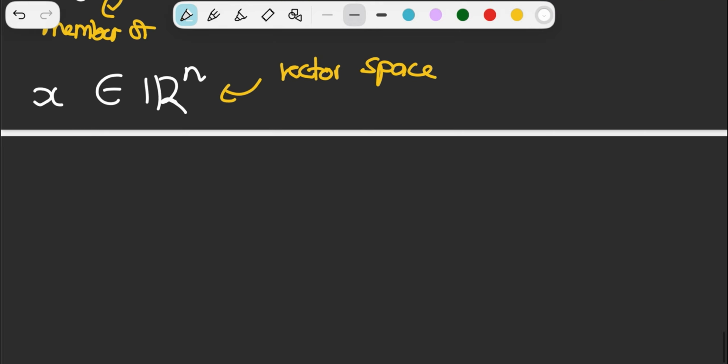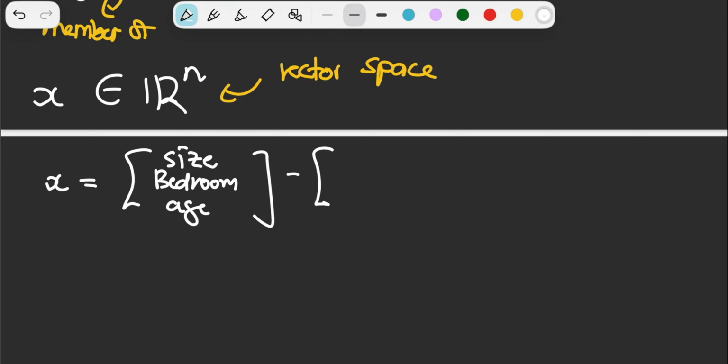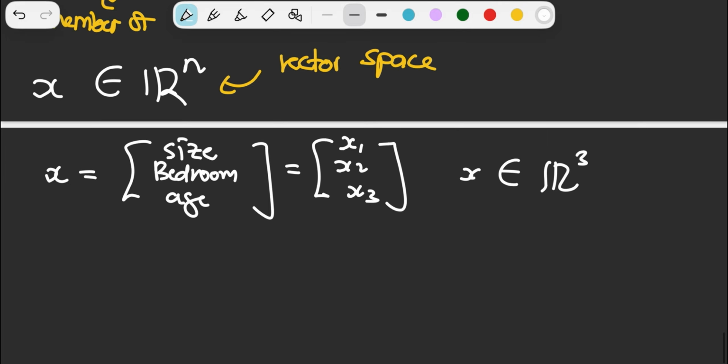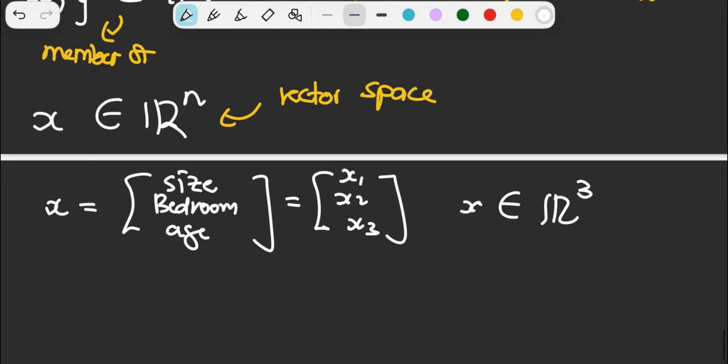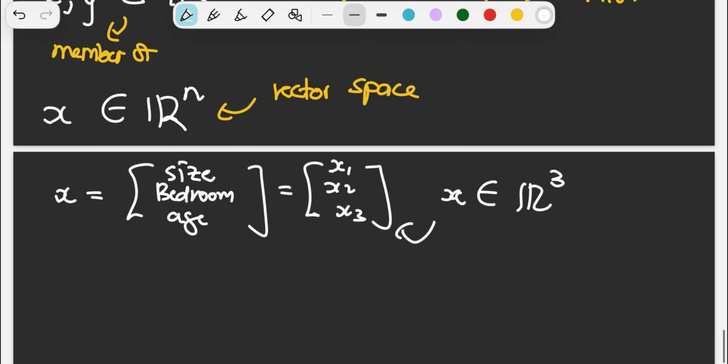For example, x can be the size of a house, the number of bedrooms that the house has, and the age. So you can see that this is x1, x2, and x3. So x belongs to this vector space. It's like a 3x1 vector. If it has 3 things, it can also have 10, it can have 100, which means there are 100 input features that we're going to use. Okay, so that's what we mean by spaces.